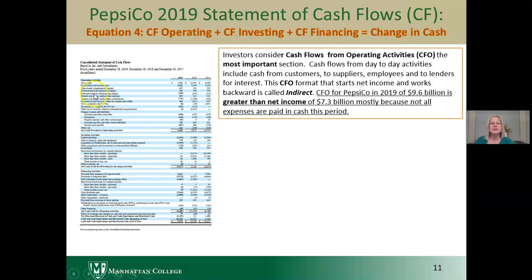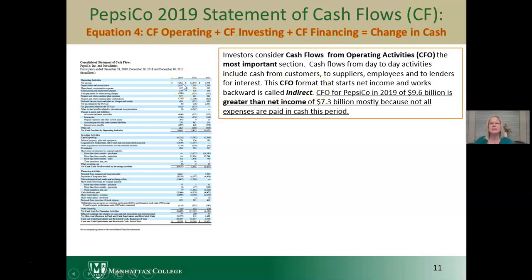Investors consider the first section that explains cash flow from operating activities the most important. This is cash inflows from day-to-day activities, including cash received from customers, cash paid to suppliers, to employees, and to lenders for interest.